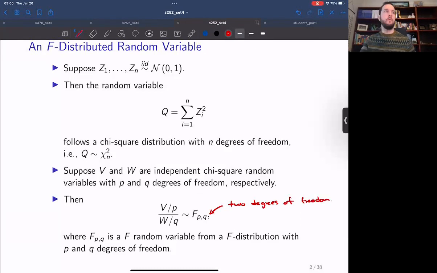Essentially what this is highlighting is that we will be working with a test statistic whose distribution has 2 degrees of freedom. So slight change from what we've seen before. We've only seen critical values with 1 degree of freedom.